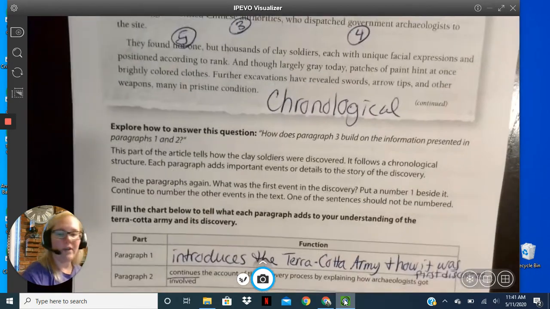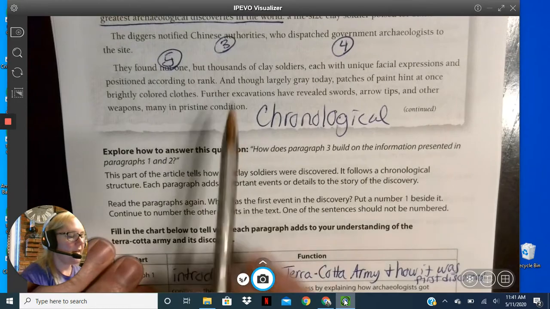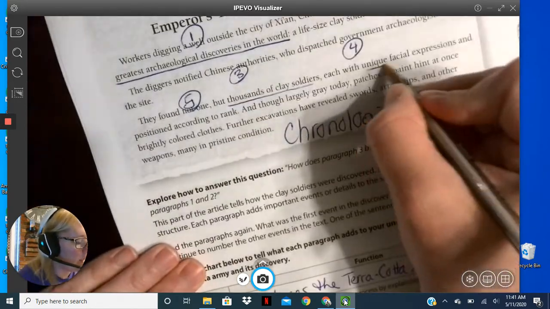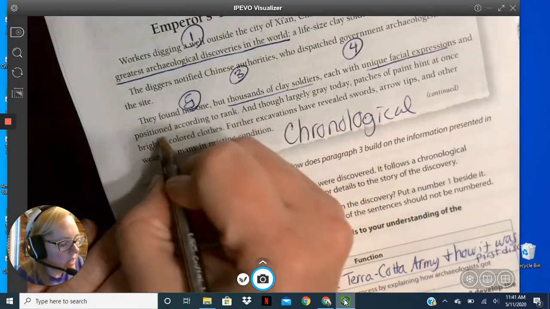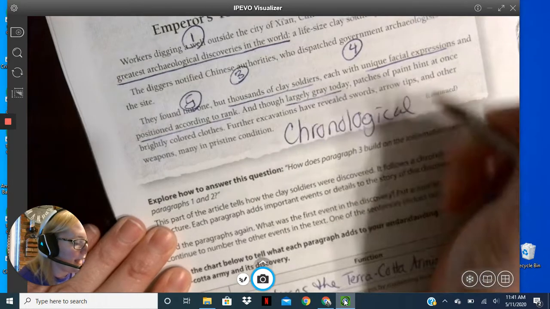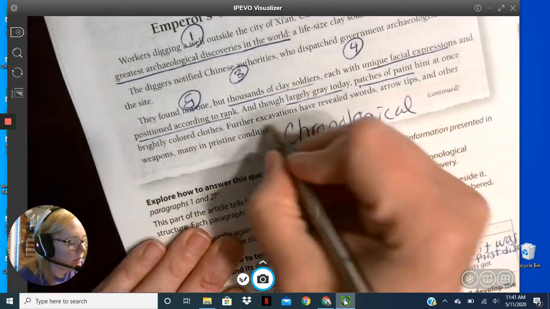All right, so the question says to think about paragraph 3 and how it builds on information presented. So if I'm paying close attention to paragraph 3, I've got thousands of clay soldiers, unique facial expressions, position according to rank, largely gray today, patches of paint hint at once brightly colored clothes.